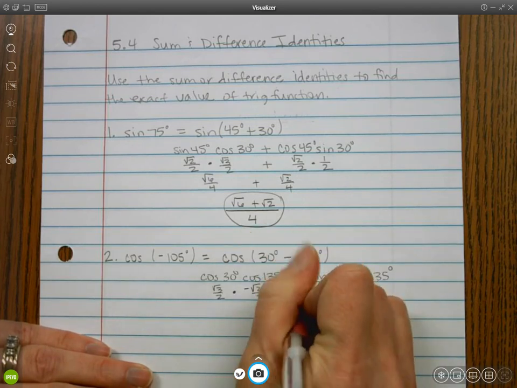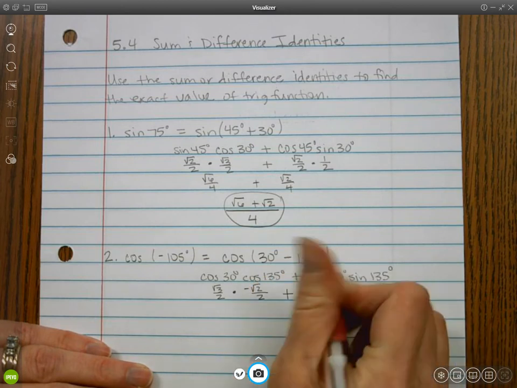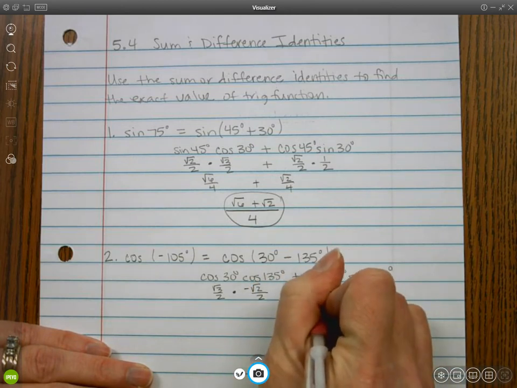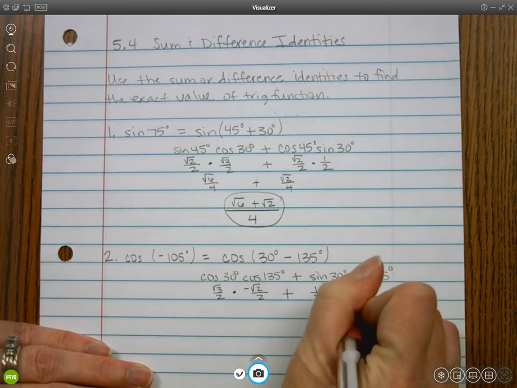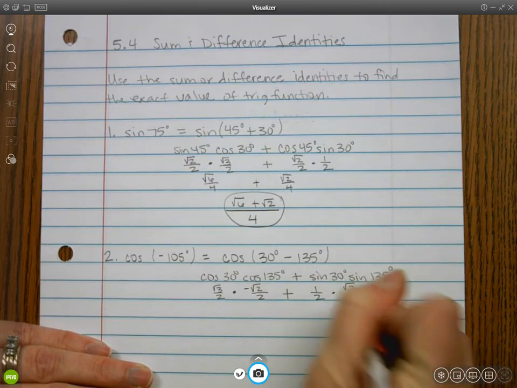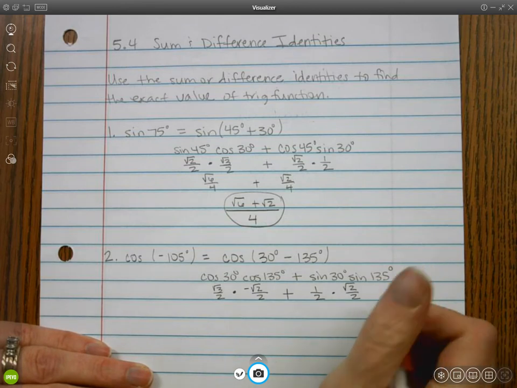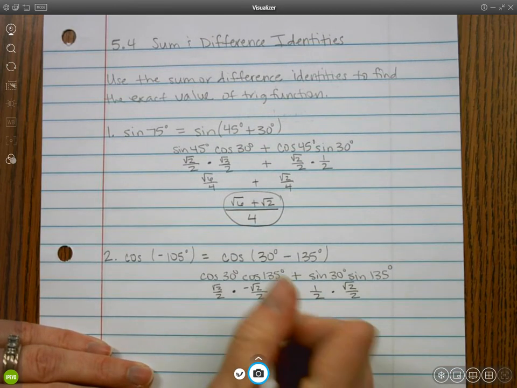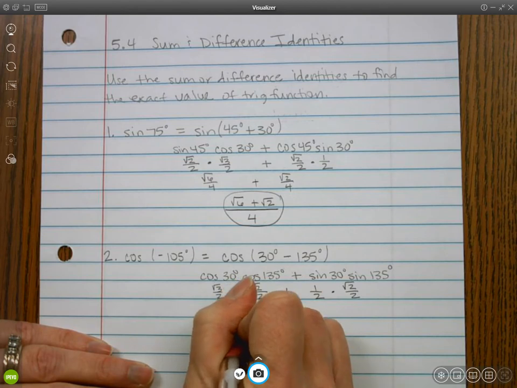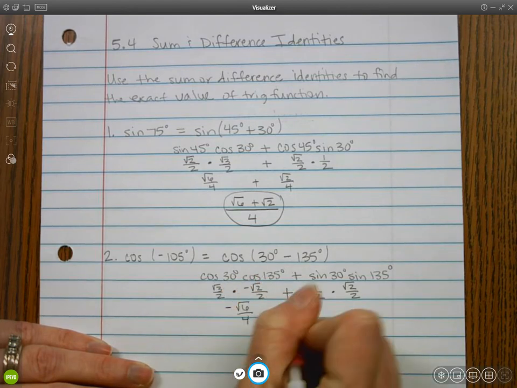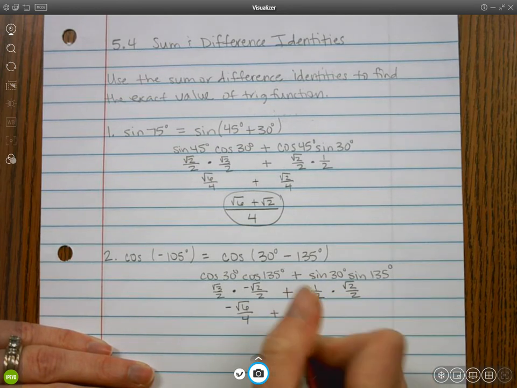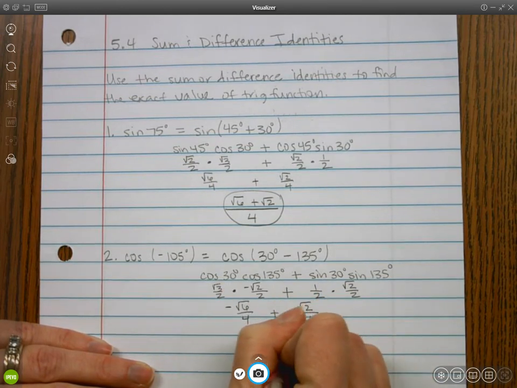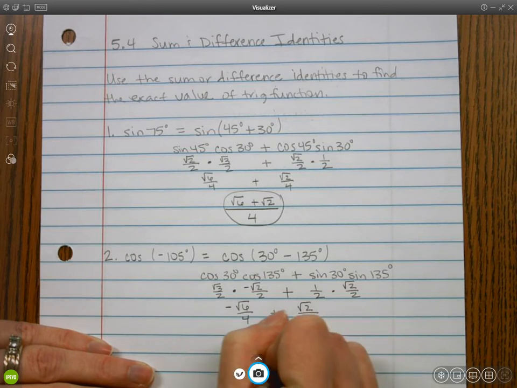We change from minus to plus. All right, sine at 30 is 1/2. And sine at 135 is positive root 2 over 2. All right, so now when we multiply those, we get negative square root 6 over 4. And we get positive root 2 over 4. So we get negative root 6 plus root 2 over 4.